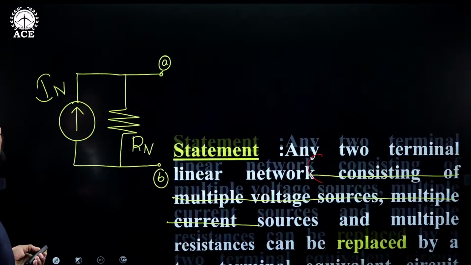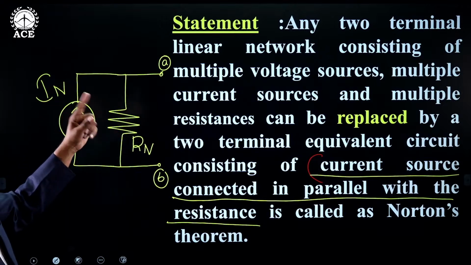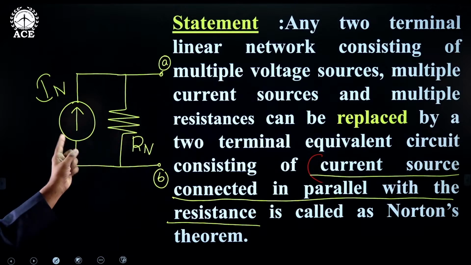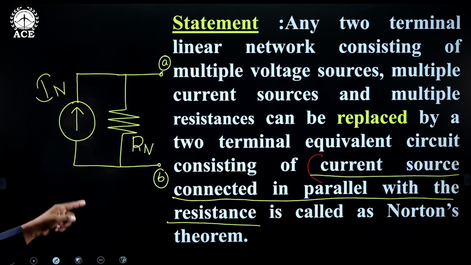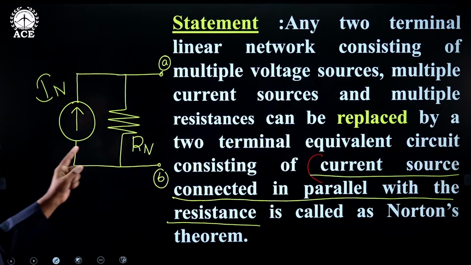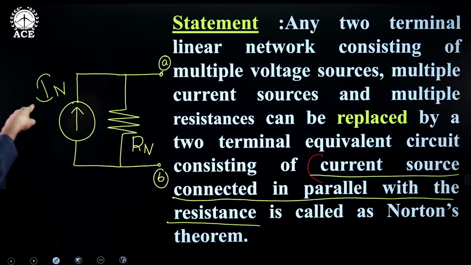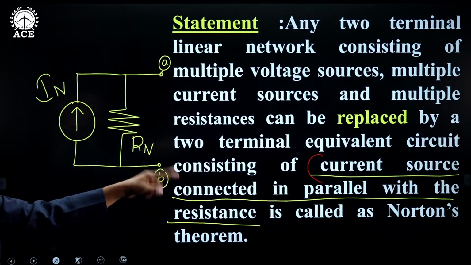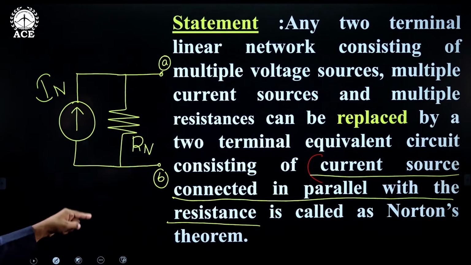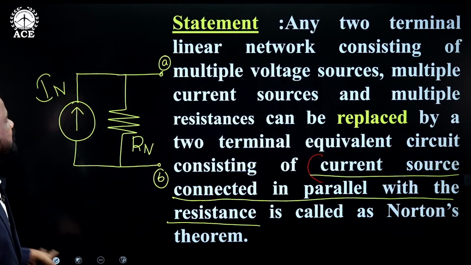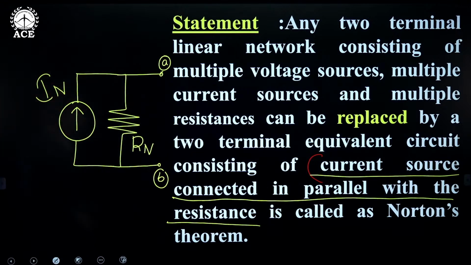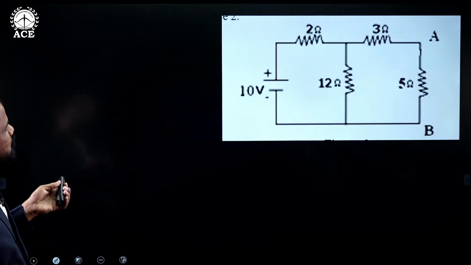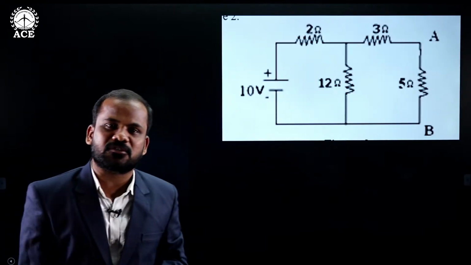So any two-terminal linear network consisting of multiple voltage sources, multiple current sources and multiple resistances can be replaced by a two-terminal equivalent circuit consisting of a current source connected in parallel with the resistance, which is called Norton's theorem. This two-terminal equivalent circuit represents the equivalent circuit of Norton's theorem.